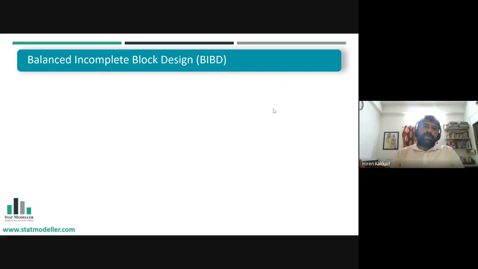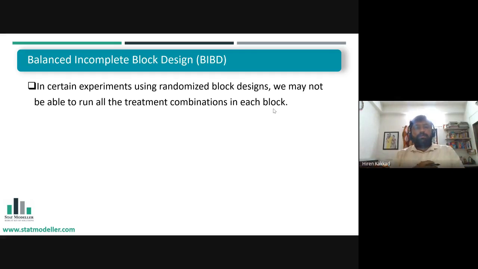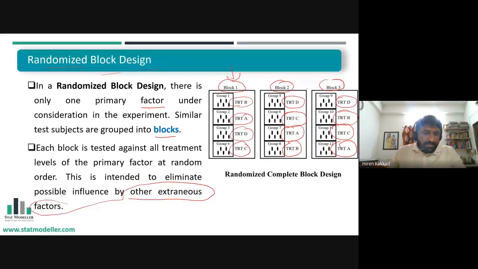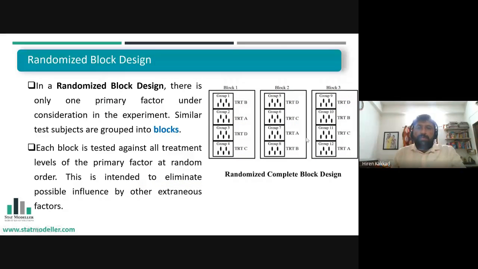Now, another terminology that we are discussing is balanced incomplete block design, that is BIBD. Many times in certain experiments using randomized block design, we may not be able to run all the treatment combinations in each block. Due to some problem, let's say lack of material, I can only apply three treatments in each of the blocks.